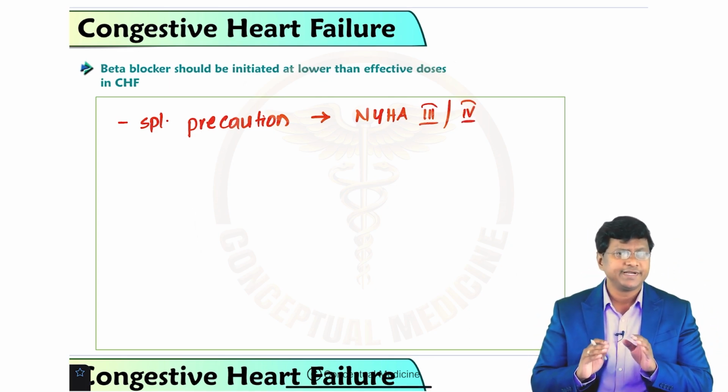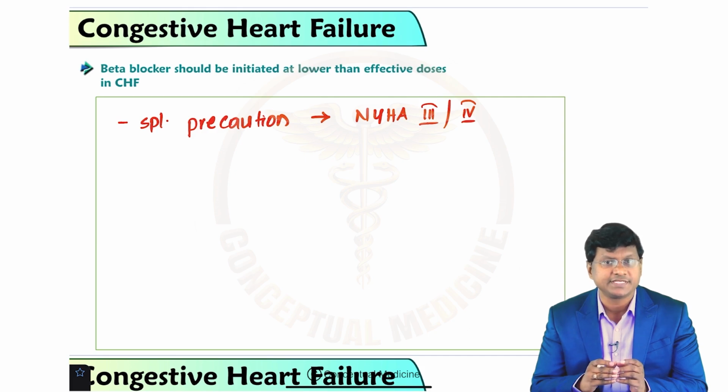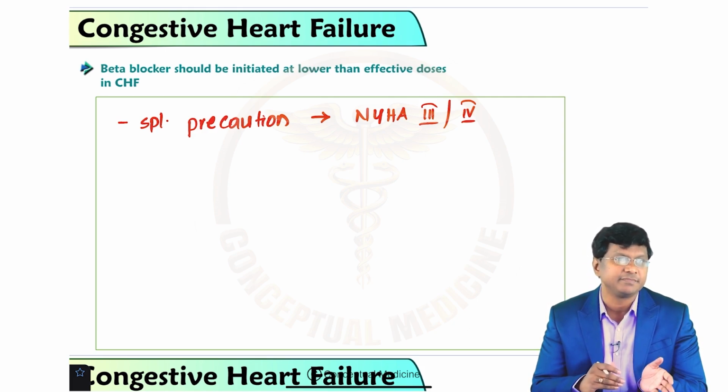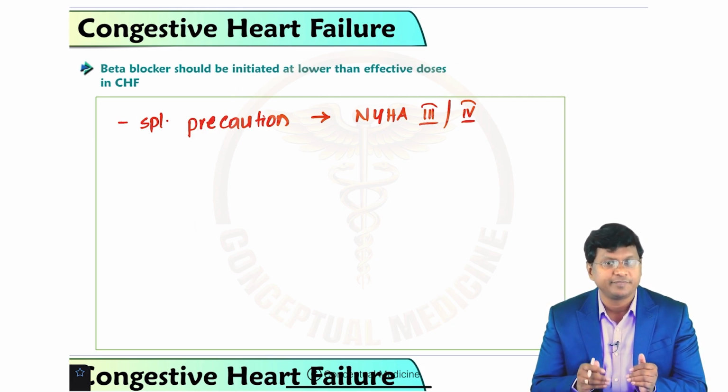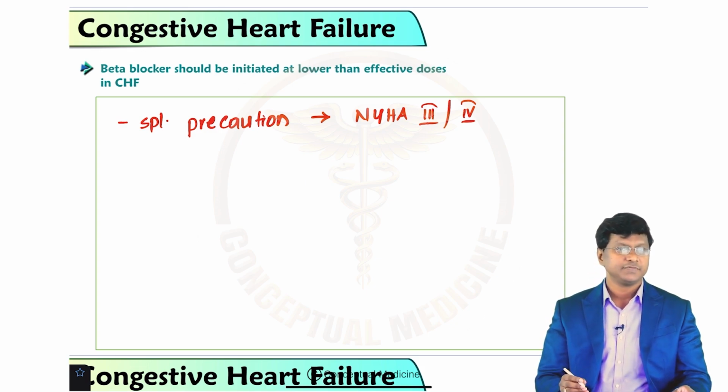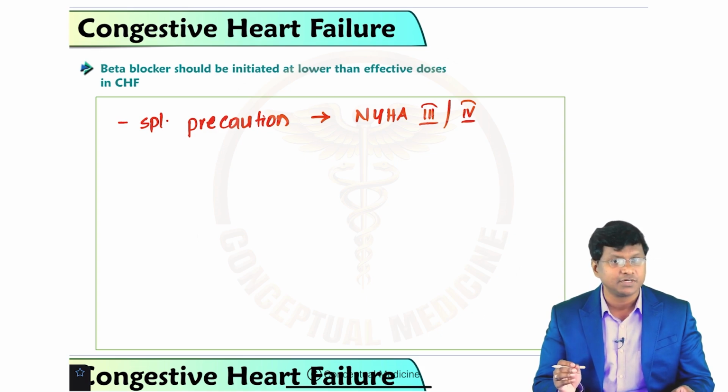Although data suggests that patients with NYHA class 3 and class 4 CHF may tolerate beta blockers and benefit from their use, this group of patients should be approached with considerable caution.